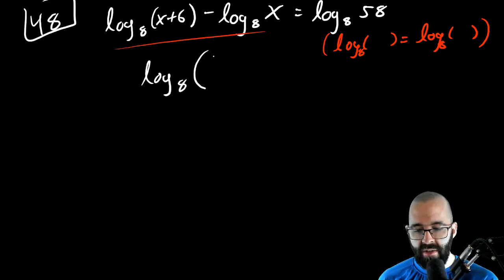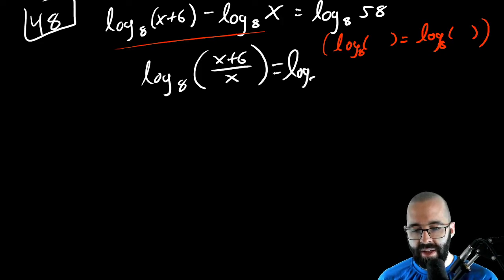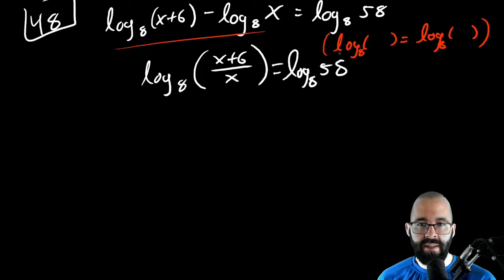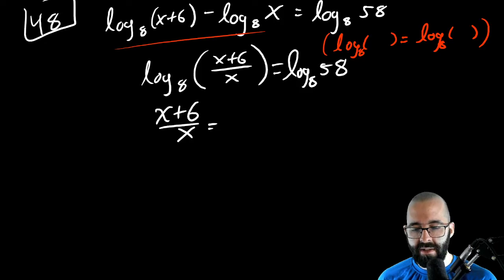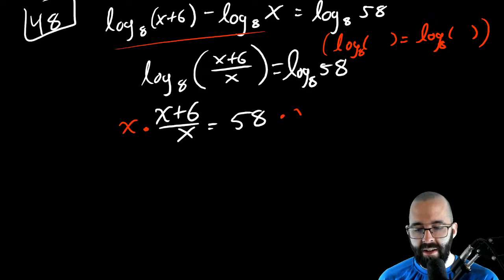Log base 8 of x plus 6 over x equals log base 8 of 58. Set those insides equal to each other. All right. X plus 6 over x equals 58. Solve this equation. Anytime you have a variable in the denominator, get it out.